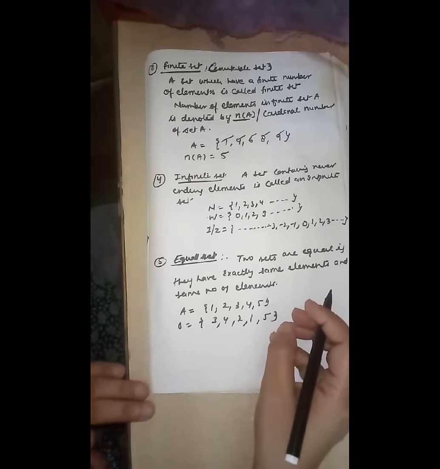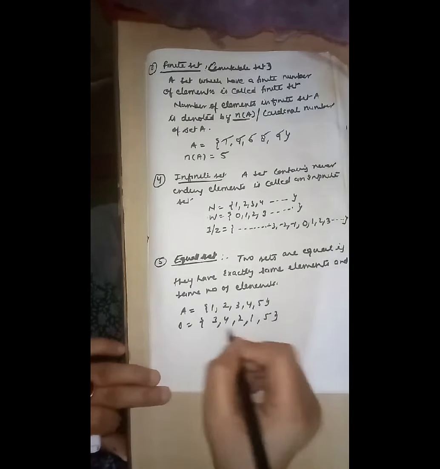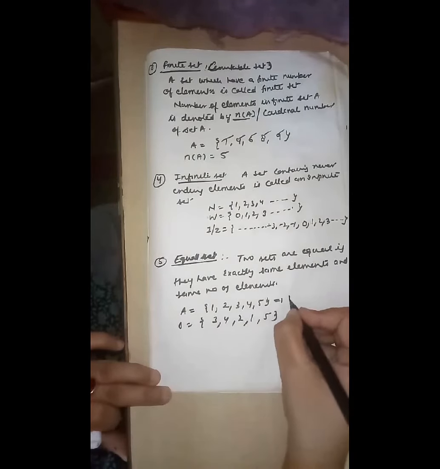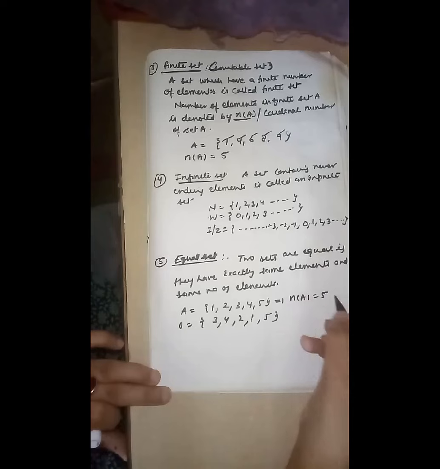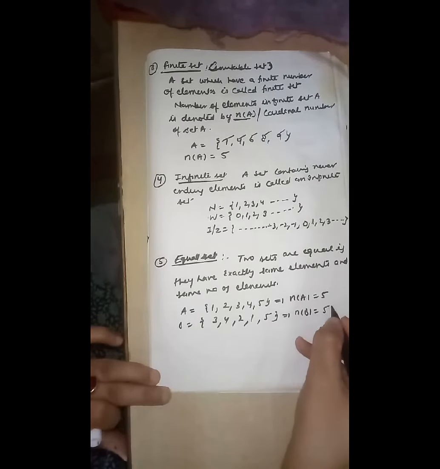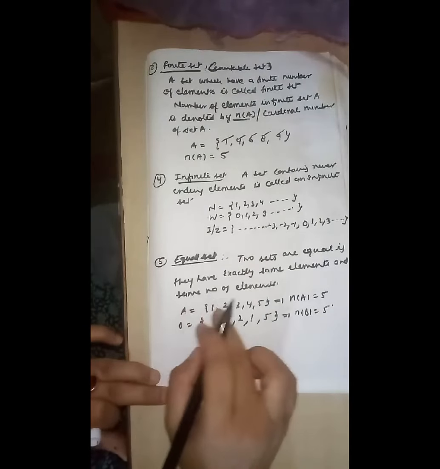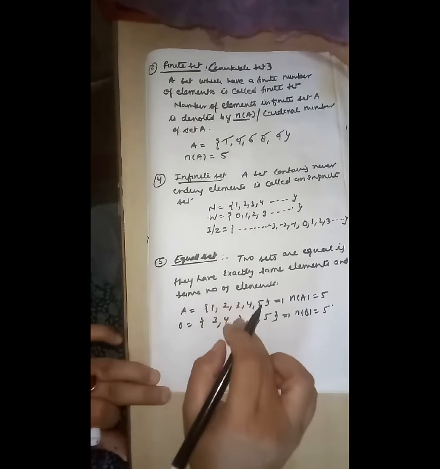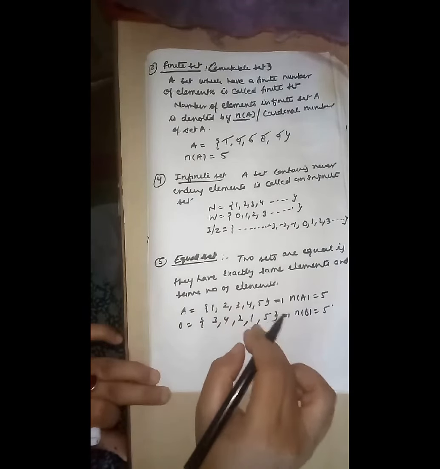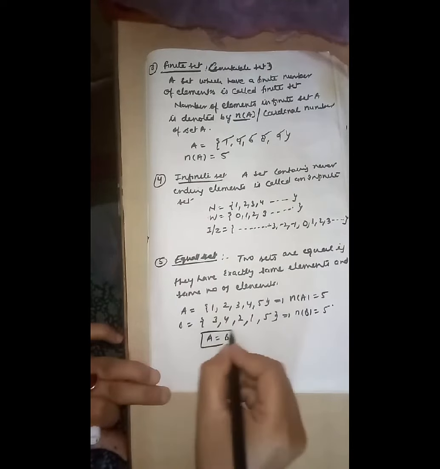Order may be changed, you know about sets, so no problem. There are 5 elements in A, and in B there are also 5 elements. So both sets have the same number of elements and the same elements also. So both sets A and B are equal sets.